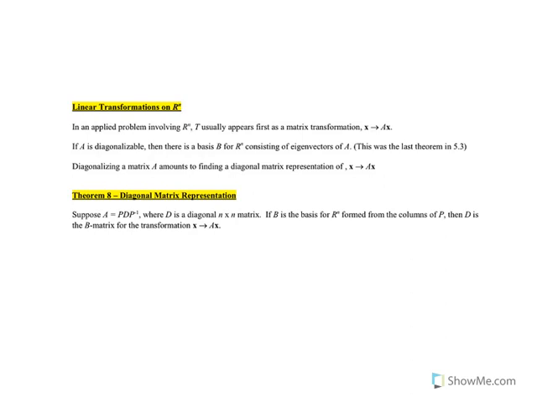Okay, so we first are looking at, again, a transformation being a matrix multiplied by a vector on the left. Now, if A is diagonalizable, and you learned a couple ways in 5.3 to tell whether or not A is diagonalizable, remember that should mean that A is equal to PDP inverse.